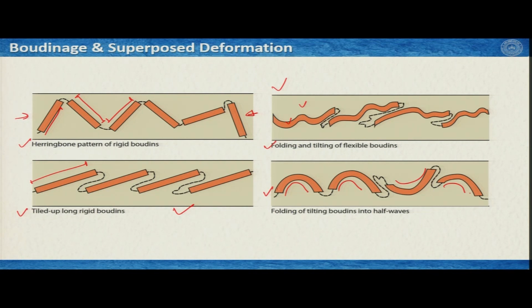So, you see that this is an antiform and the second one is also an antiform. So, these are the different structures that researchers have produced by experiments, and they figured out that this is how you can produce different kinds of structures when you apply layer parallel compression in producing folds when you have Boudinage layers in it.